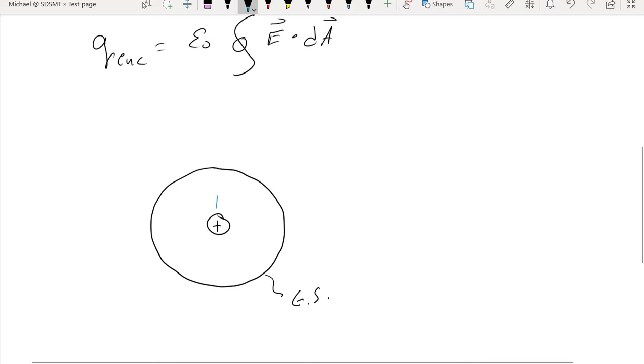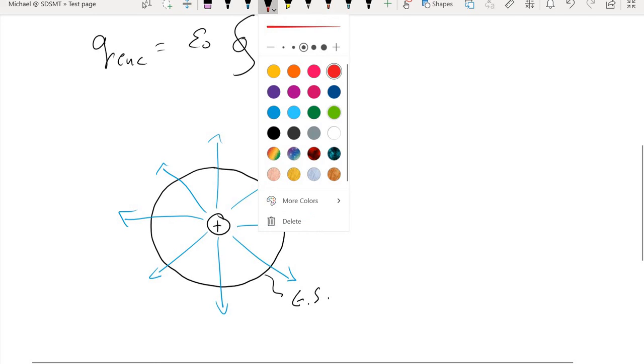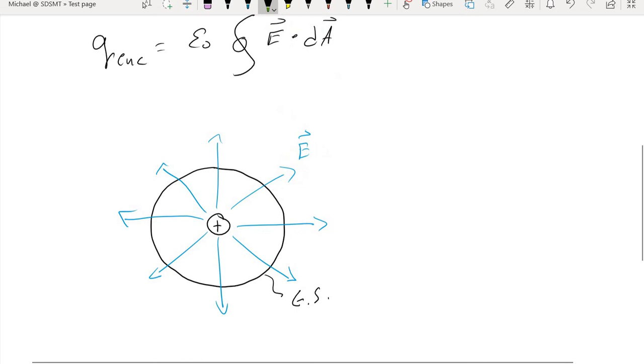And then we'll look at all of the electric field lines that are being produced. And as those electric field lines pass through the Gaussian surface, we want to take a look at each individual piece of surface area that those electric field lines are passing through.